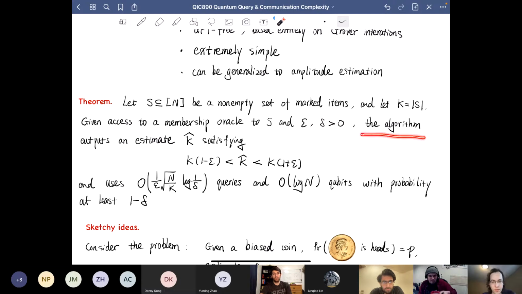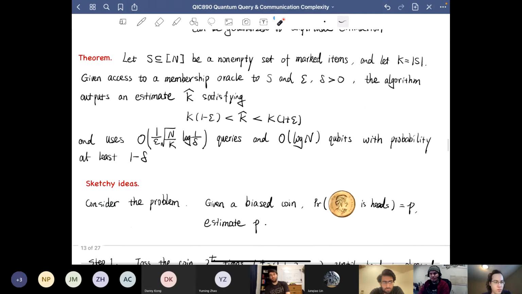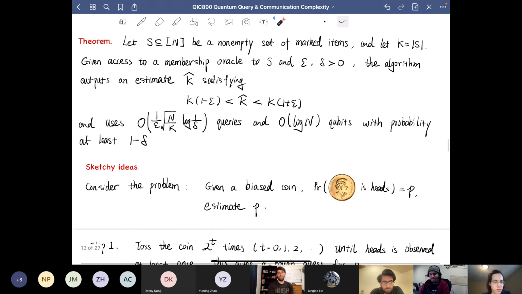The algorithm outputs an estimate of k within a multiplicative error epsilon, and the algorithm uses 1 over epsilon times square root of n over k times log 1 over delta queries and log n qubits, and the success probability is at least 1 minus delta. And I will present a sketchy idea of how this algorithm works.